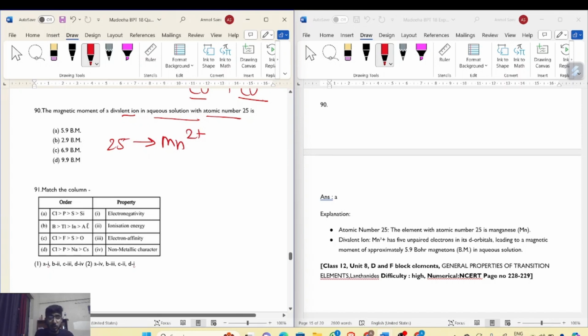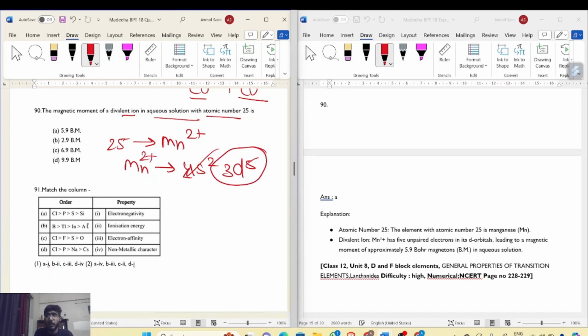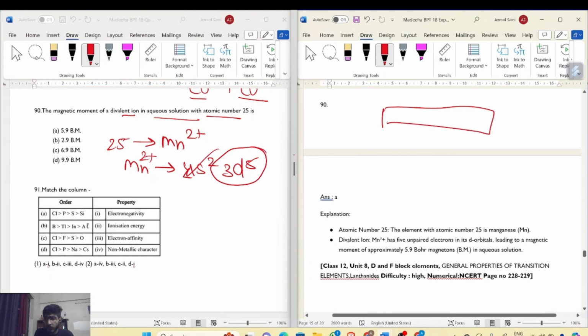First of all we have to write the electronic configuration for Mn. Electronic configuration for Mn is 4s2 3d5. Then 2 electrons will be removed from the outermost shell. So Mn2 plus will have electronic configuration of 3d5. Now each 3d orbital will have a single electron. So here are five unpaired electrons.